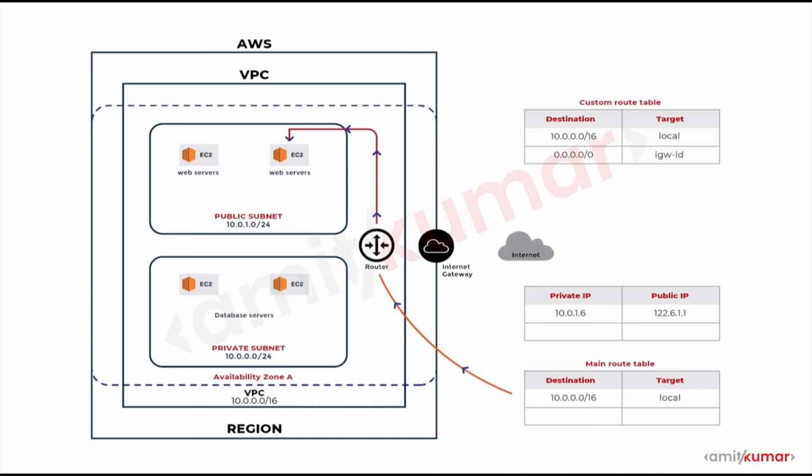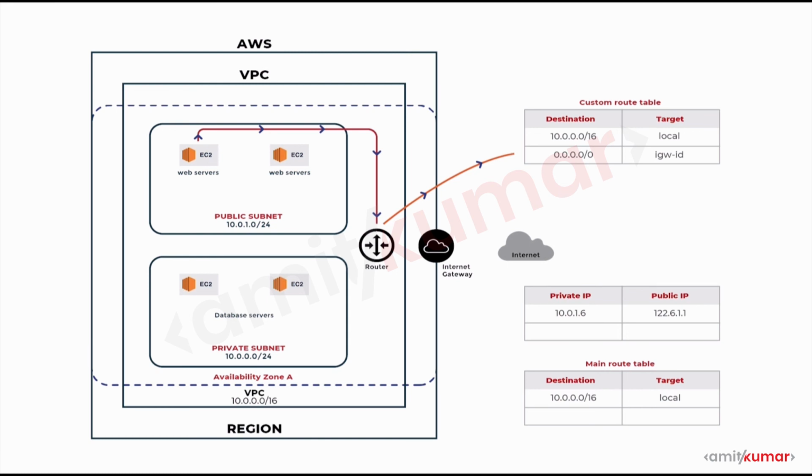Now the final workflow, wherein an EC2 instance from the public subnet makes a request to get out of the VPC to the internet. The request once again comes to the router. The router again consults the route table. If this is a public subnet, there will be an entry 0.0.0.0/0, and the target is Internet Gateway. Yeah, IGW-ID is Internet Gateway.